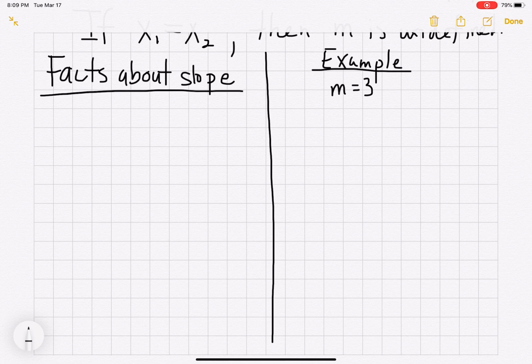So let's say here's my starting point, my P1, and to get to my ending point, P2, I'd have to rise 3 and run 1. Why? Because 3 is the same thing as 3 over 1, right? We have to rise 3, that's the top number, and run 1. So up 3, right 1, plot a second point. It's going to be my P2, and then we connect the 2 points to get our line.